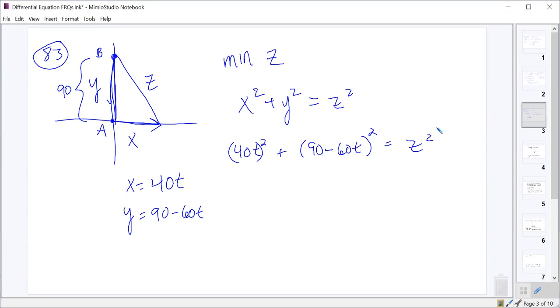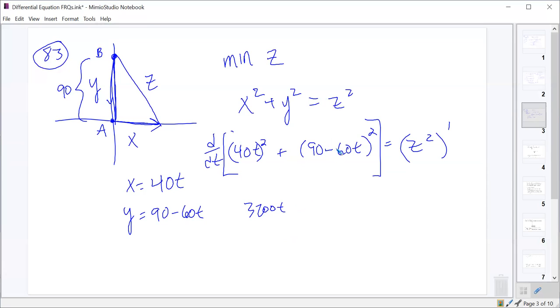And so then we just need to take our derivative here and solve for t. The derivative with respect to t of all of this: 40t squared is 1600t squared, so that'll be 3200t when we take the derivative. And then this one, if we distribute that out, that's 90 times 90, whose derivative will be 0.